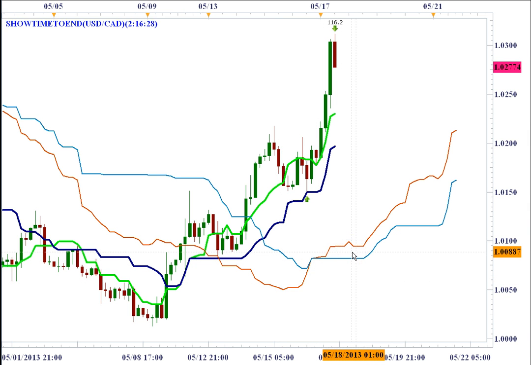And then how do we get the Senkou Span B? It's going to be the highest high and the lowest low divided by 2, and that's going to be for the past 52 periods. So this is the past 26 periods, and this is the past 52 periods.